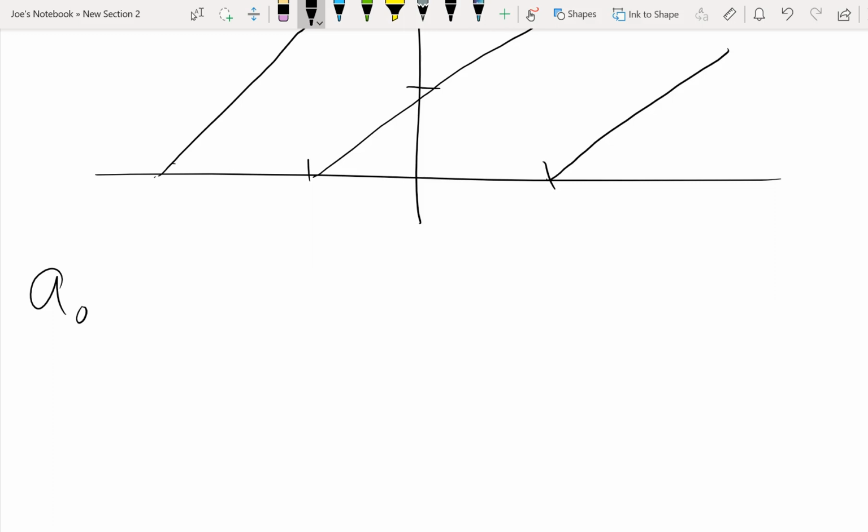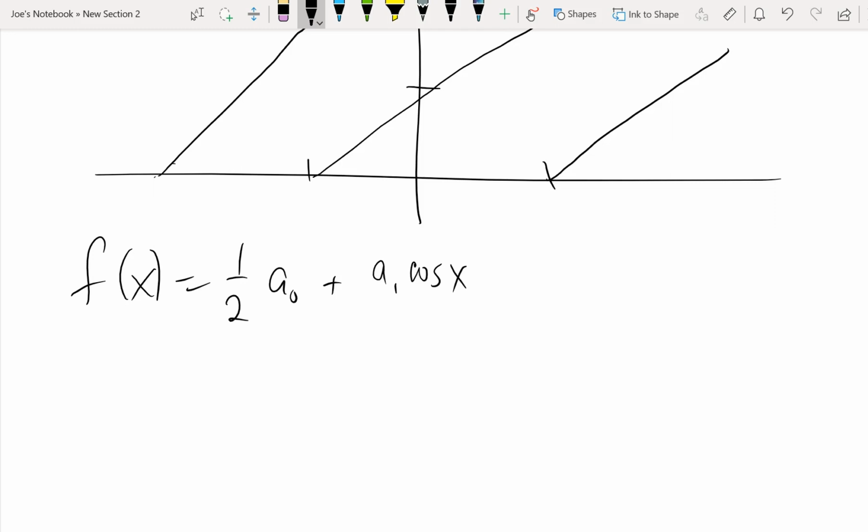So remember, your constant term is your integral. Well, it's in general that we have. Let me write it this way first. In general, you have your f of x is 1/2 of a naught, and then plus a1 cosine x plus a2 sine x.